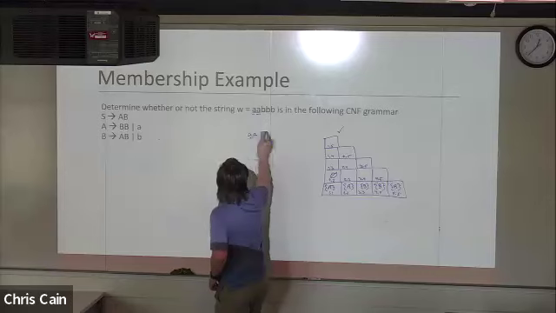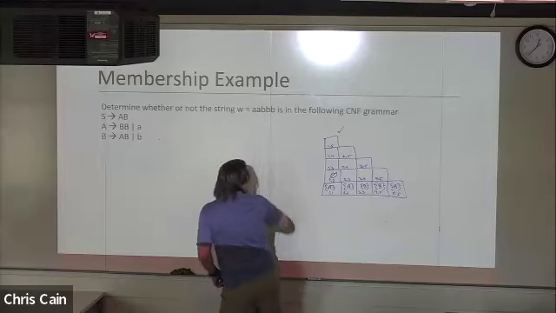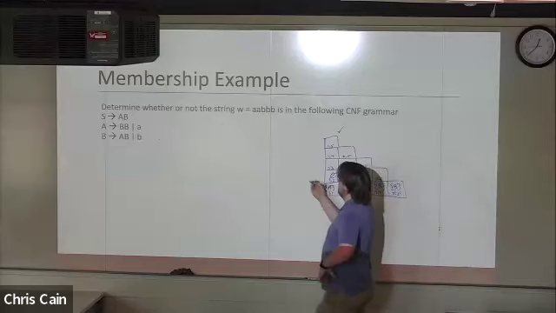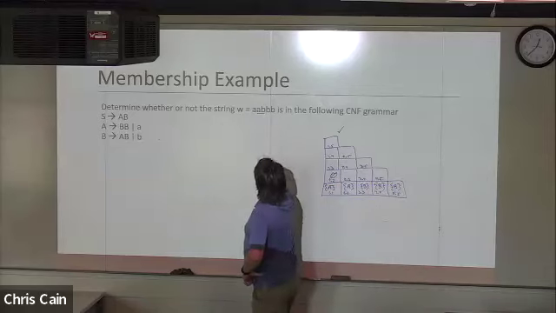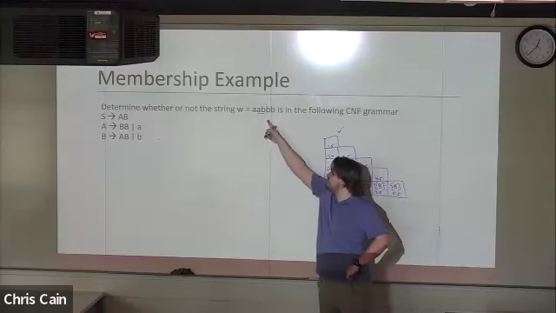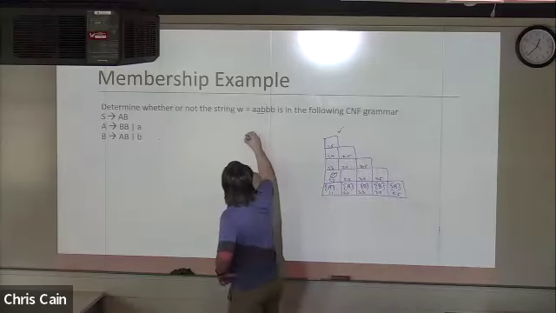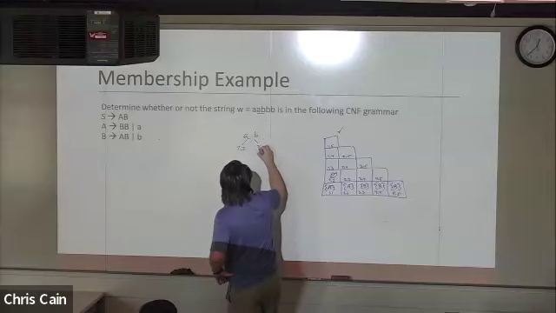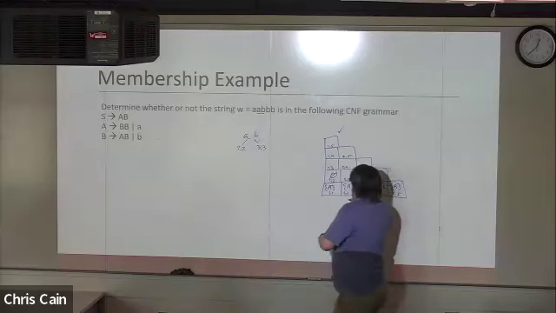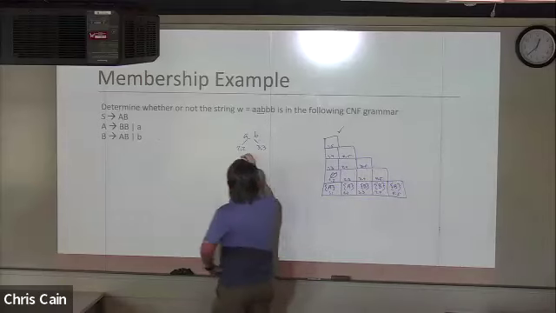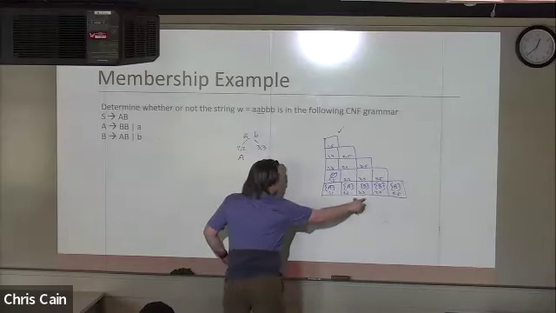So I think we're ready for the next one. Instead of a question on index 1 to 2, we're going to ask index 2 to 3. This produces this AB. So this is a lookup to a left-hand side. This is 2, 2, and this is 3, 3. So we're going to pull from 2, 2 as the left-hand side. That's an A. We're going to pull from 3, 3.